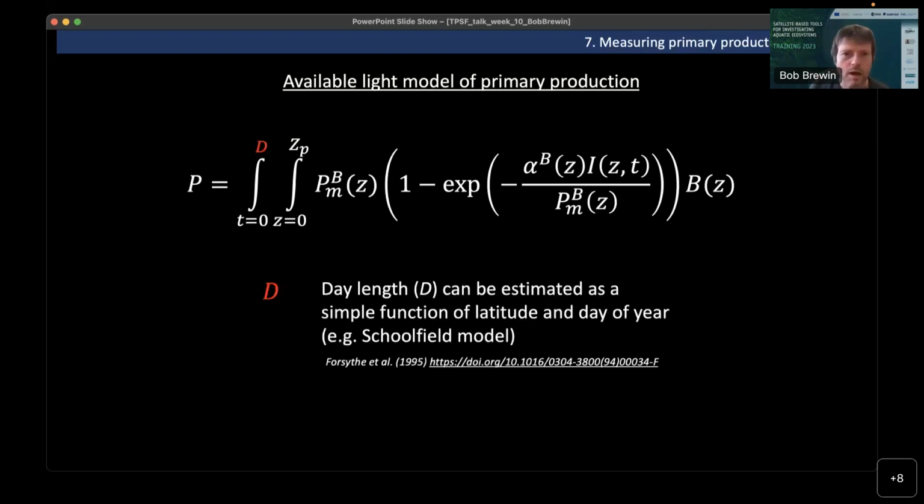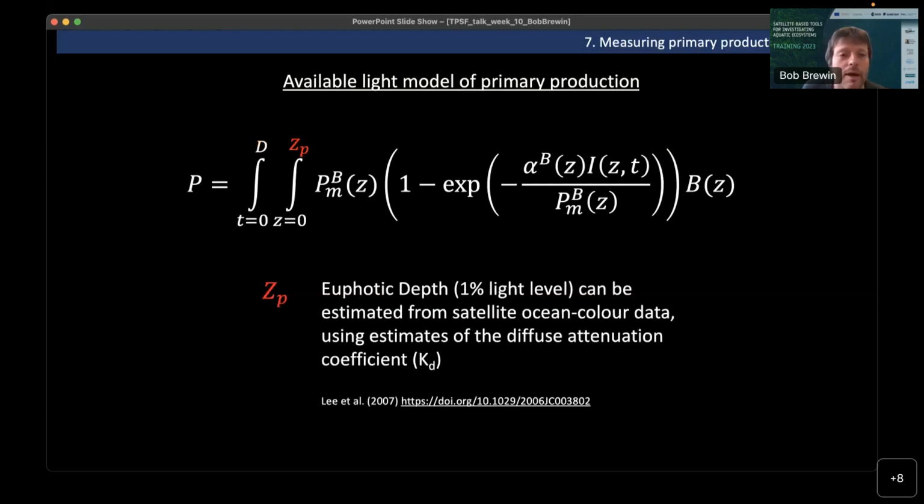Okay, so how do we do this then from satellite? Well, first of all, we need to know the day length, right, as part of the first integral here. So we can get a good proxy of day length simply as a function of latitude and time of year. So we can model that pretty well. The next thing we need to know is the depth of the euphotic zone, the 1% light level.